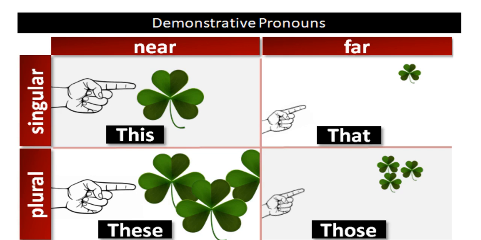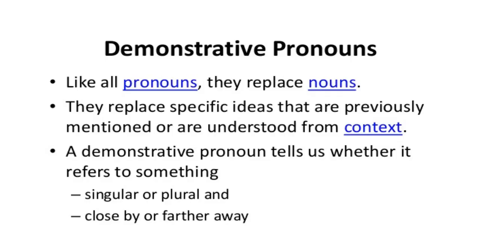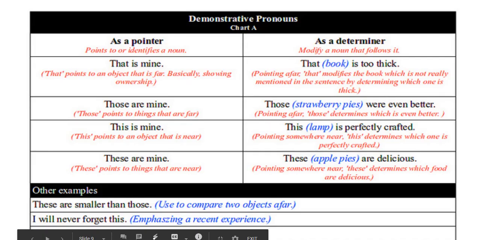And for the plural form which is a little far away, we are supposed to use the word those. A demonstrative pronoun tells us whether it refers to something singular or plural, and whether it is nearby or far away.